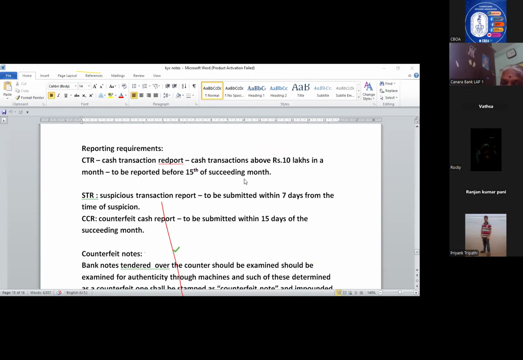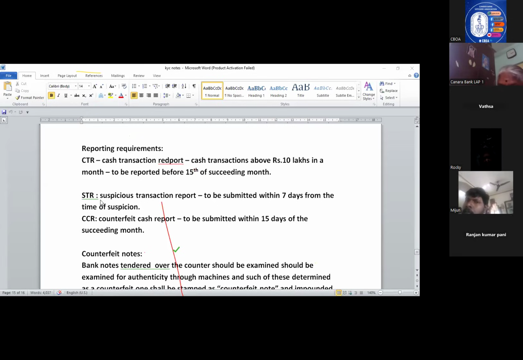It may be a withdrawal or it may be a remittance. Even if it is multiple transactions, all put together within 1 month, if they are doing more than 10 lakhs, then we have to incorporate that name in the report. And this has to be reported before the 15th of the succeeding month.